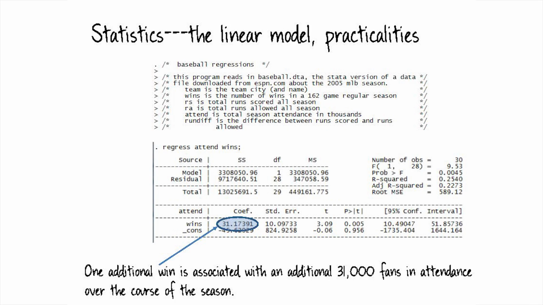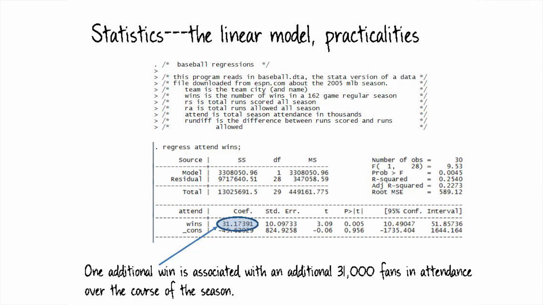So what did I do? I regressed attendance, my dependent variable, my y variable, on the number of wins that each team had. And we see here, based on this regression, that one additional win is associated with, and I should say the attendance was in thousands, that was the unit I used, an additional 31,000 fans in attendance over the course of the season.